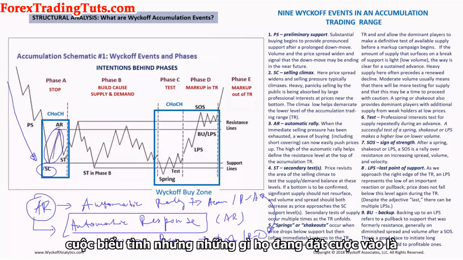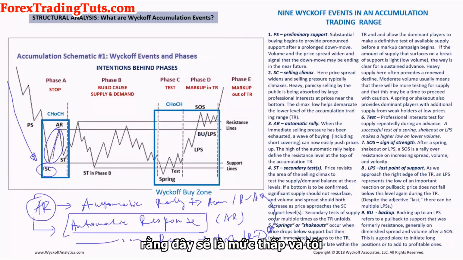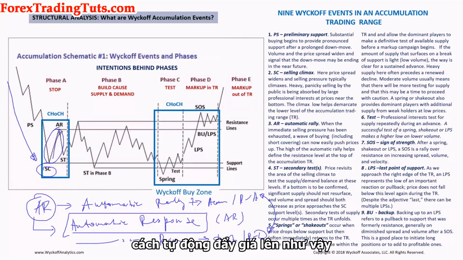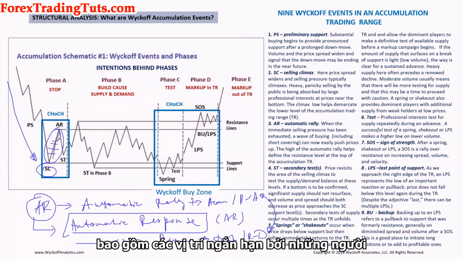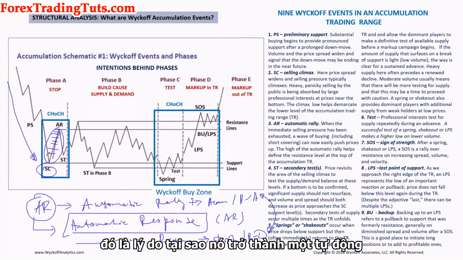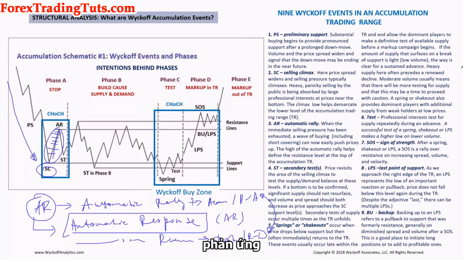But what they're betting on is that this is going to be the low and they need to get out of this position because this trade is done. So in a way, their behavior is an automatic way of pushing the price up. So sometimes I think about automatic response as that, automatic covering of the short position by those who have profited on the way down. So that's why it becomes an automatic response.